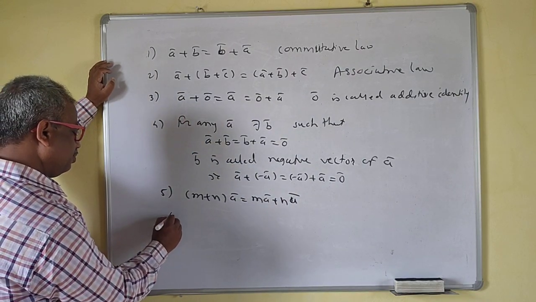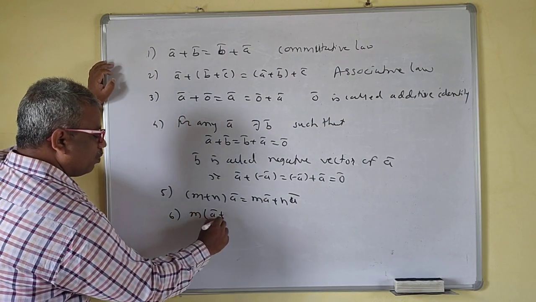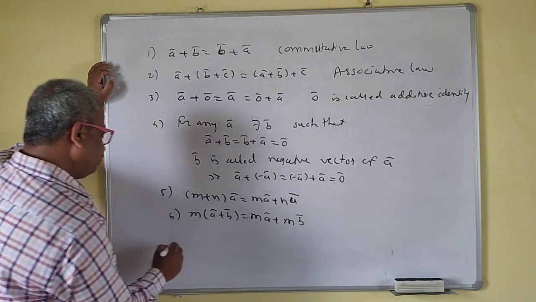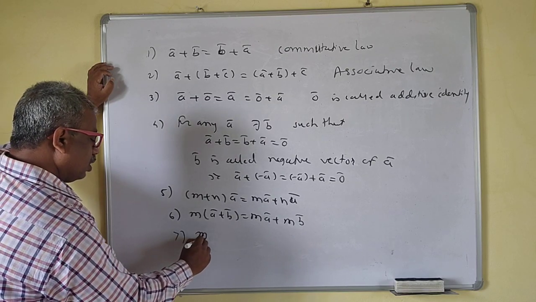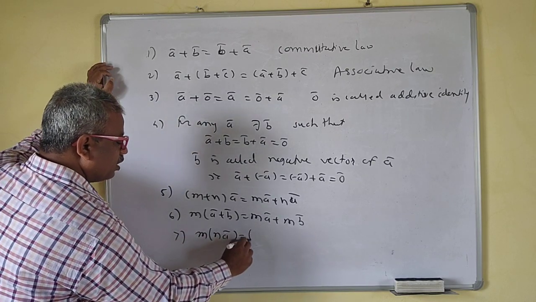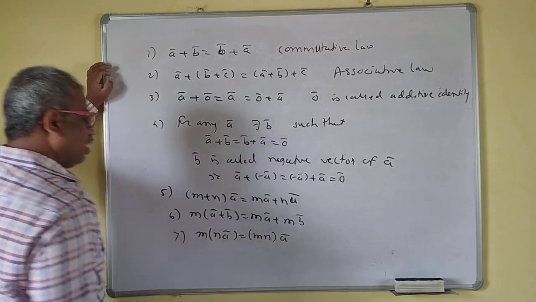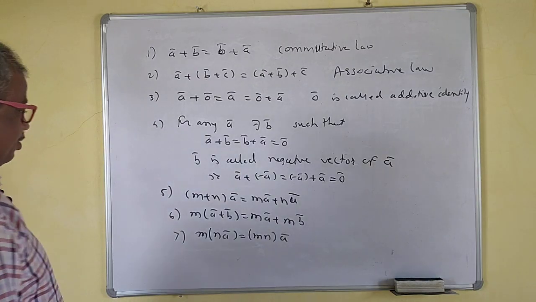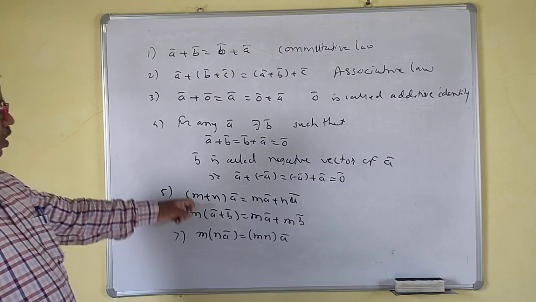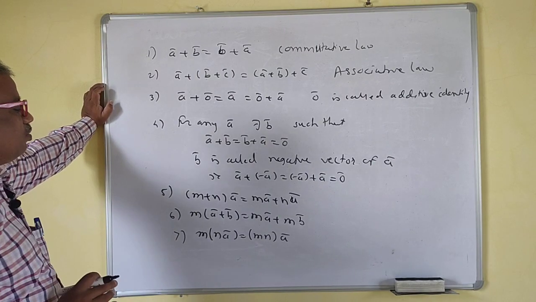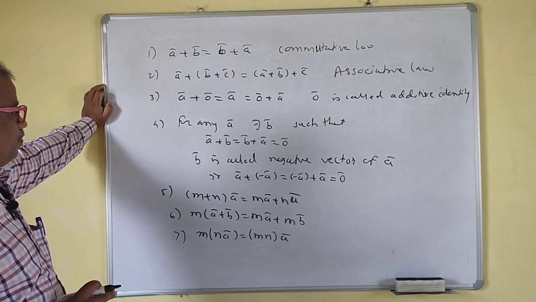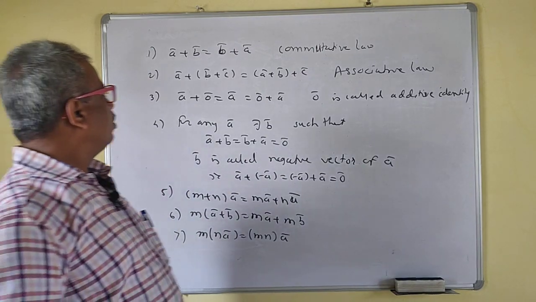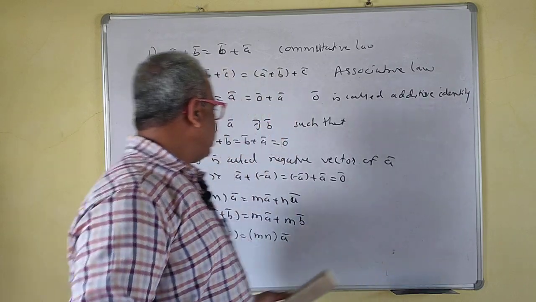Next, m into (A bar plus B bar) is the same as m A bar plus m B bar. m into n A bar is the same as m n A bar. Okay, so these are for scalar multiplication. This is also addition of the vector, right? Okay, so commutative law, the associative law, additive identity.